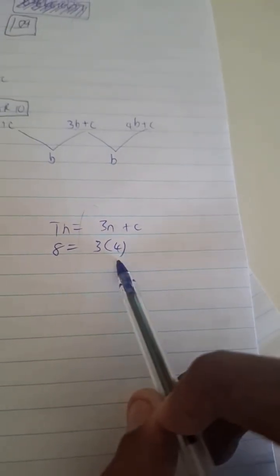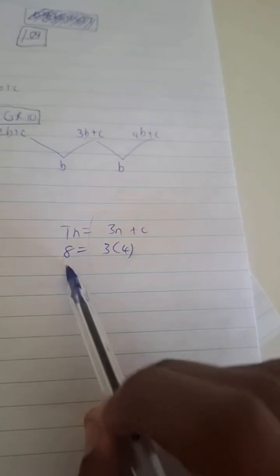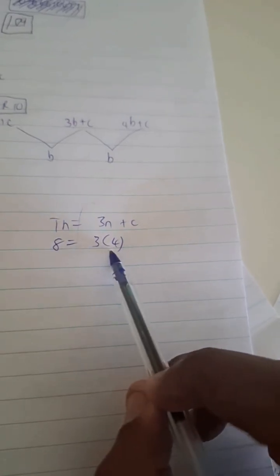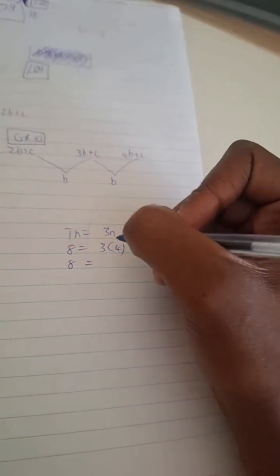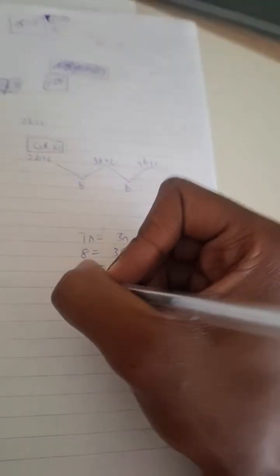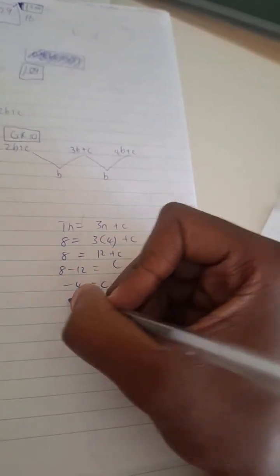So in the place of n, I substitute 4. In the place of Tn, I substitute 8. In the place of Tn, I substitute the value of the term. In the place of n, I substitute the position of the value of the term, which is 4. Then I solve for who? For c. 3 times 4 is 12. Then I say 8 minus, I take the 12 over. Therefore, c is still equal to what?